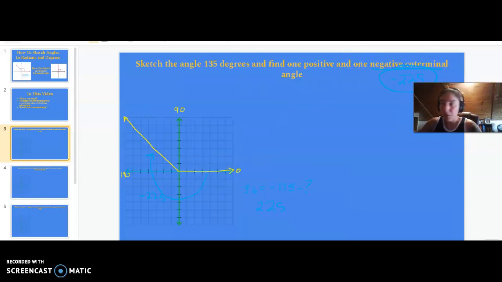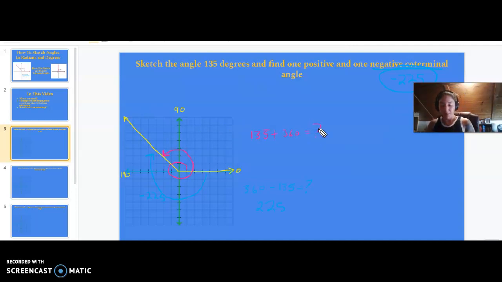For one positive coterminal angle, we just have to go the other way. How many degrees did we go? To get a positive coterminal angle, maybe we go around: there's 135, and all the way around there's 360. What if we come back around and do that? We went 135, and then we went 360 more. So what is 135 plus 360?